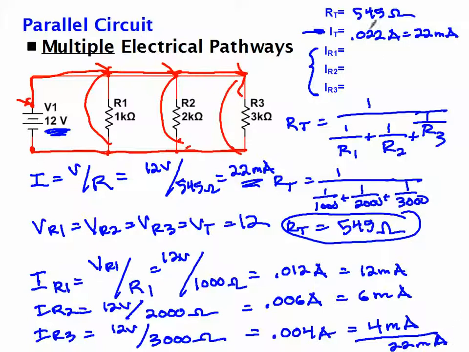And that's what we calculated up here. So 12 milliamps, 6 milliamps, 4 milliamps, and our check, we're back to 22 milliamps. So again, it's useful when you have multiple ways of calculating things because you can check your answers.